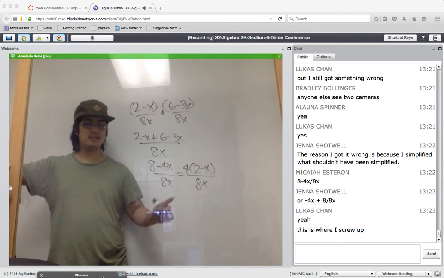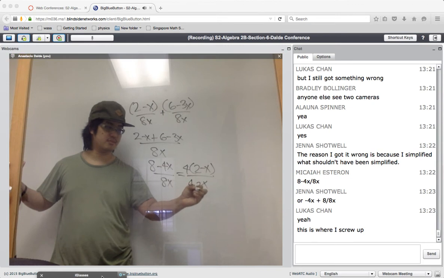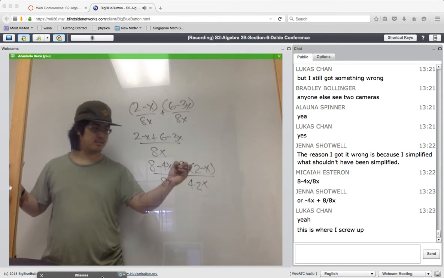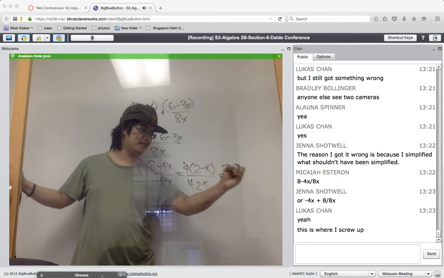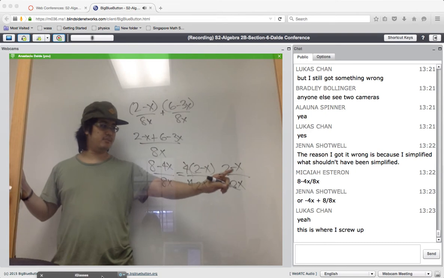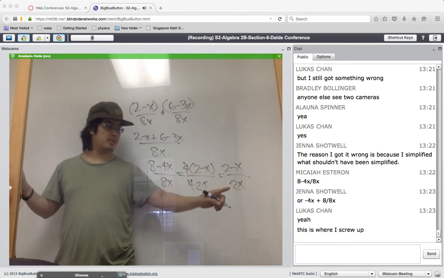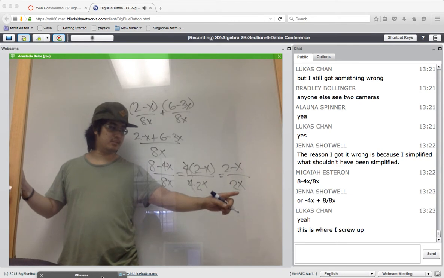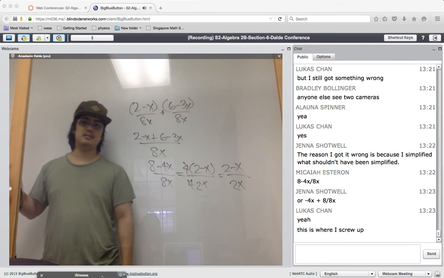And then what I can do is take this 8 and make it into a 4 times 2, and you can cancel this out and that out. So my answer is 2 minus x over 2x. In that case, a would be 0, b would be -1, c would be 2, d would be 0, e would be 2, and f would be 0. Are we cool?